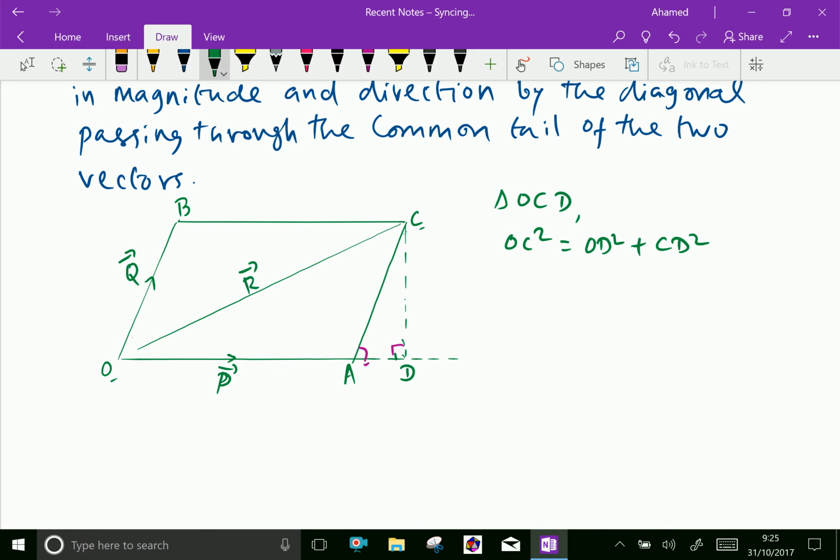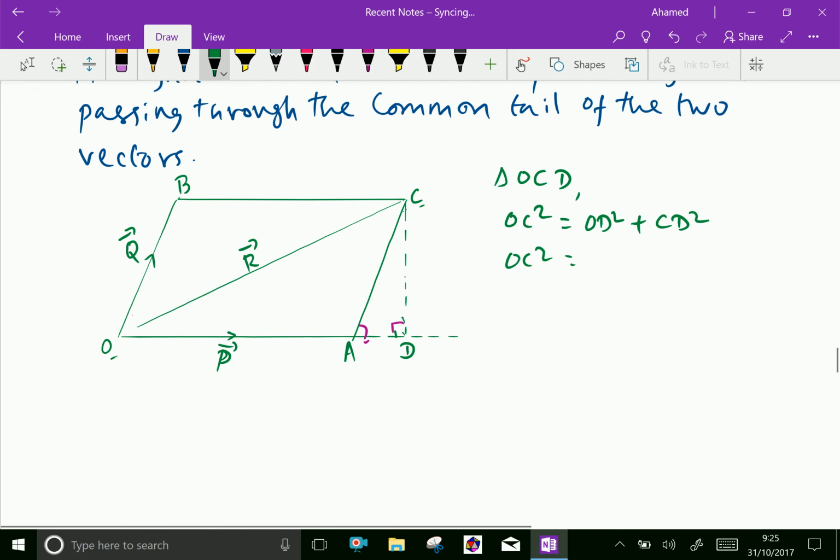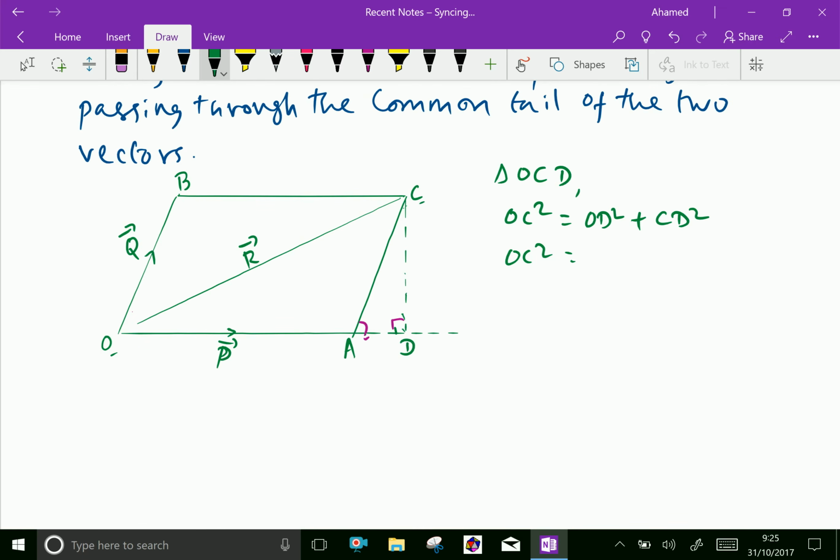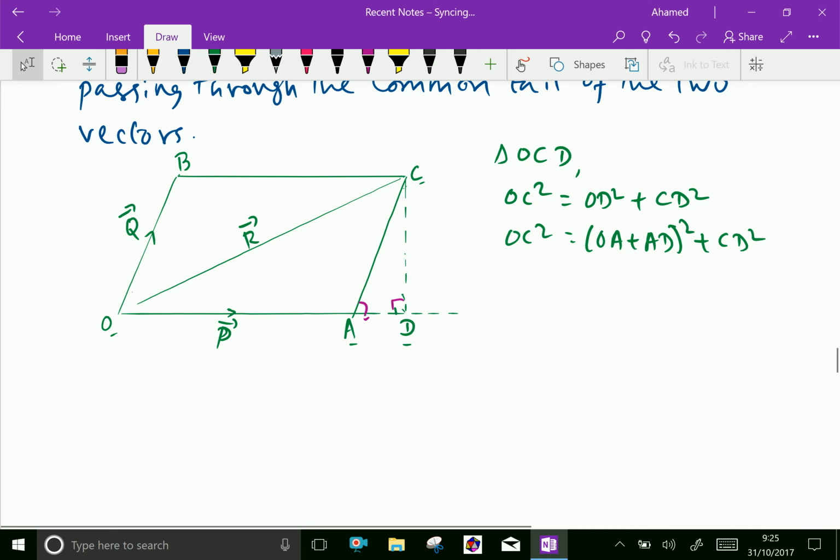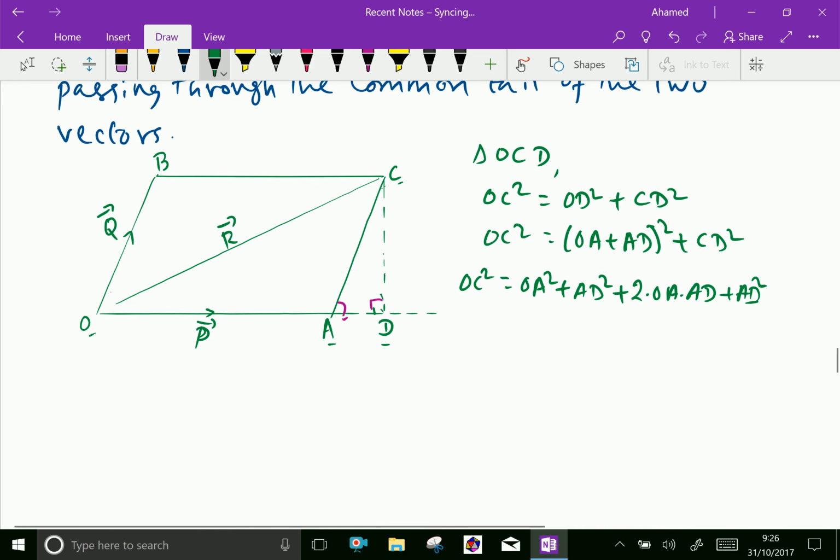Here, since OD is OA plus AD, OC square equals OA plus AD whole square plus CD square. By expanding, OC square equals OA square plus AD square plus 2 OA into AD plus CD square.